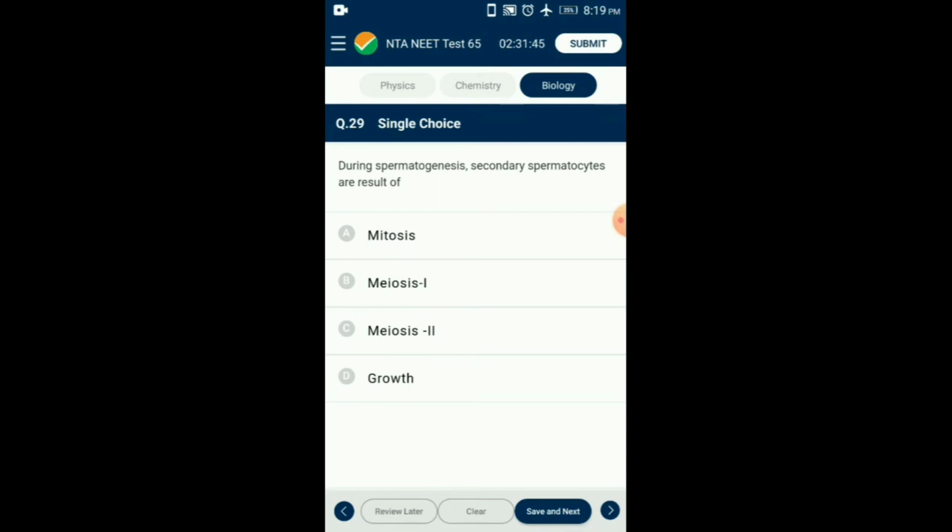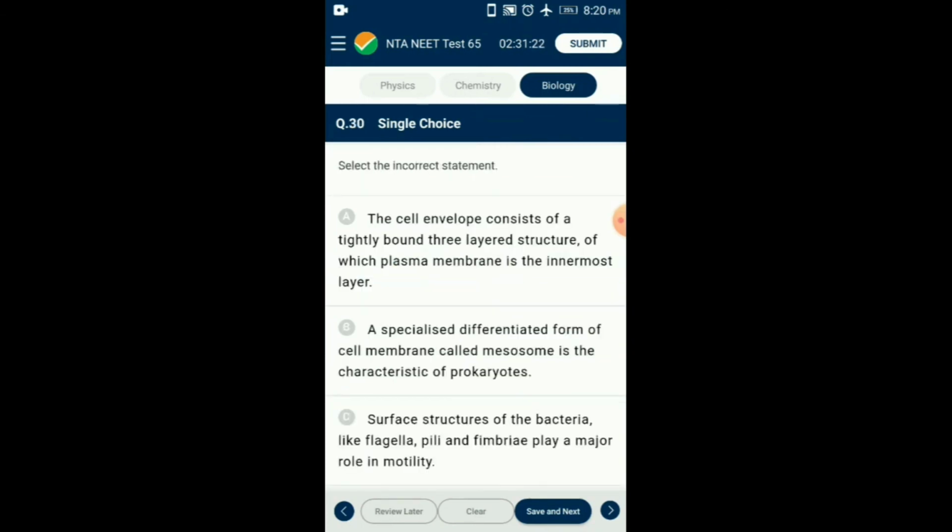The round spermatids do not divide but undergo a complex metamorphosis called spermiogenesis to become spermatozoa that are released into the lumen of the seminiferous tubule by the process called spermiation. So the answer is option B, meiosis 1. Question number 30. Select the incorrect statement.